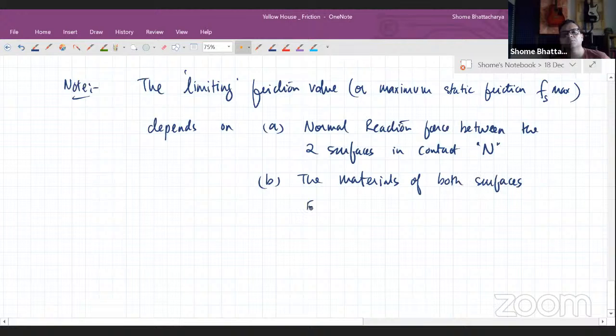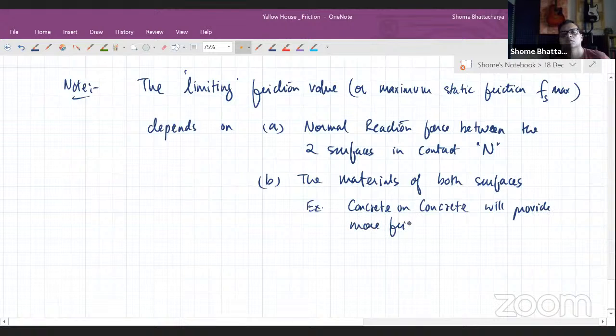Okay, so for example, concrete on concrete will provide more friction compared to wood on concrete.